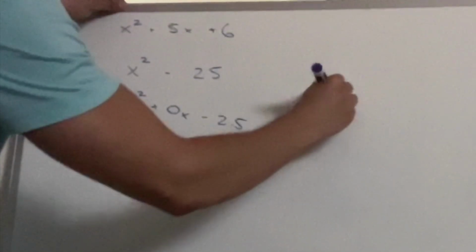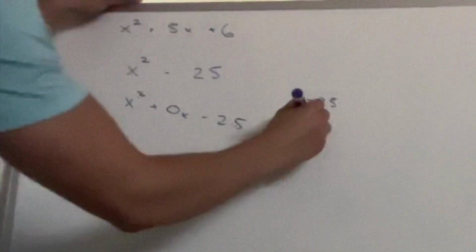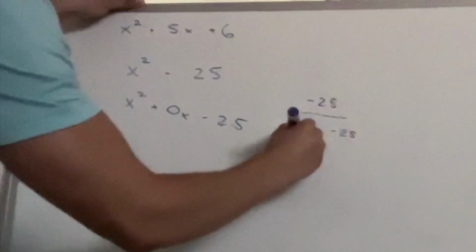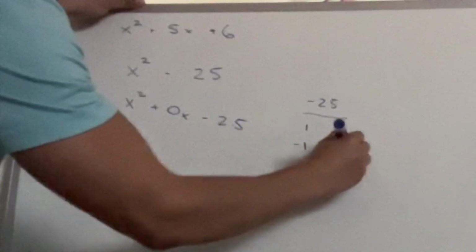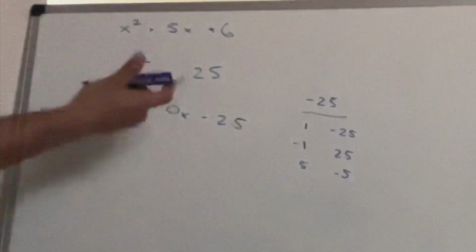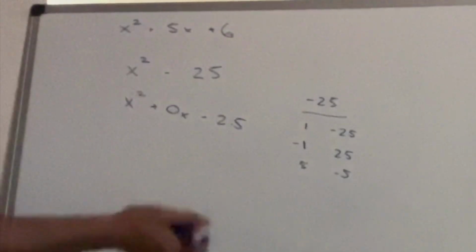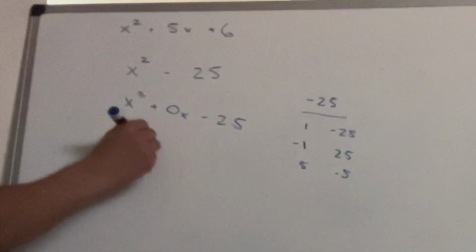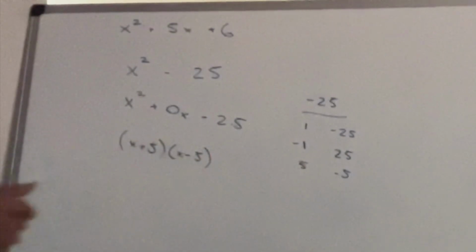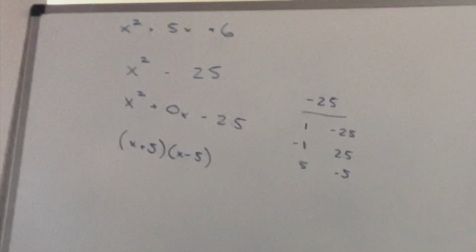Multiples of negative 25 are 1 and negative 25, negative 1 and 25, 5 and negative 5. Which one adds up to 0? It would be 5 and negative 5. So that's what you write: x plus 5, x minus 5. That's how you do factoring of polynomials.